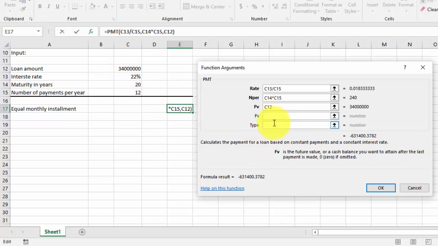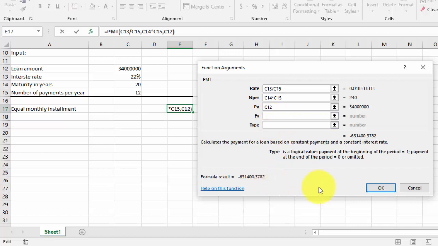Now what about FV and type? FV will be used if, for example, after your 240 payments you still want to have something like $10,000 in the account. In that case FV would be something like 10,000, but this is an unusual case. We don't have to think about that. We can keep it empty.